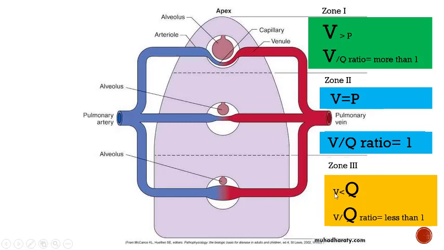So your VQ is less than 1 because you have less ventilation than perfusion, right? So you have more than 1, equaling 1, and less than 1, and the average of these 3 zones is that 0.8. That's where that number comes from. This is just showing you that VQ ratio for each area of the lungs, and this is what we're talking about when we're speaking about regional differences that naturally occur.